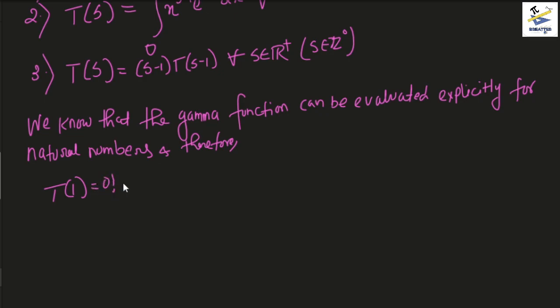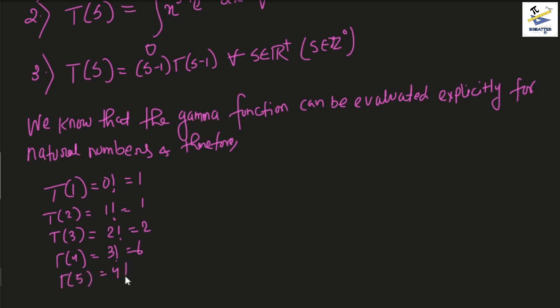Gamma 1 is 0 factorial, which is 1. Gamma 2 is 1 factorial, which is also 1. Gamma 3 is 2 factorial, which is 2. Gamma 4 is 3 factorial, which is 6. Gamma 5 would be 4 factorial, which is 24, and so on. These are some of the special values, and you can go on and on.